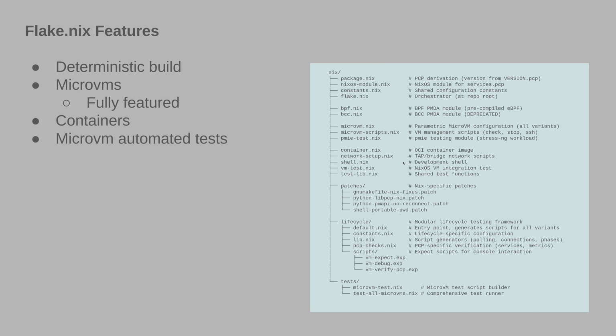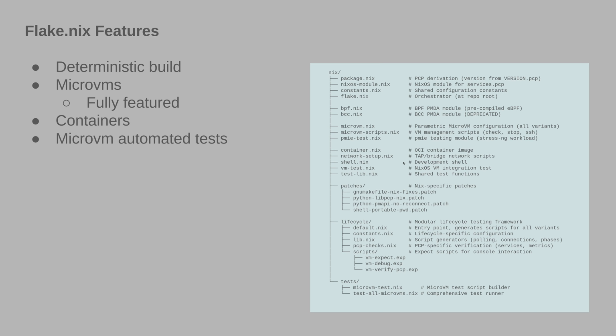And then there are the life cycle tests. So this is for each of the micro VMs or the containers. It steps through various phases where it builds it, loads it, starts it, then checks various aspects of how well it's running.